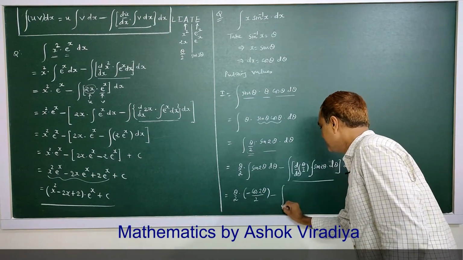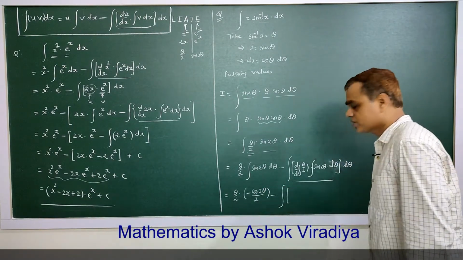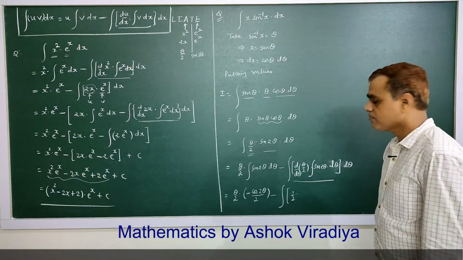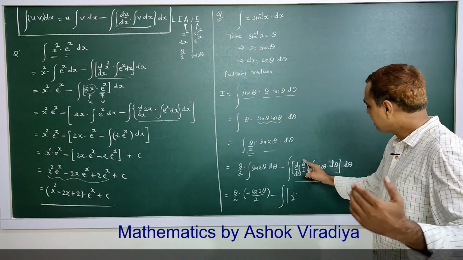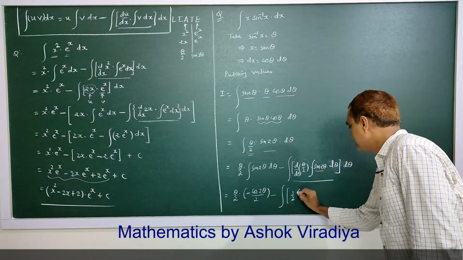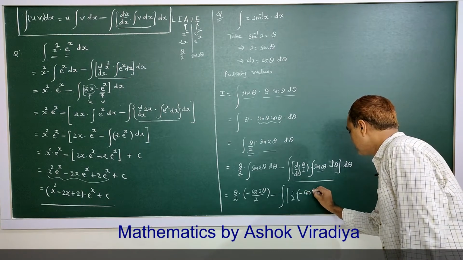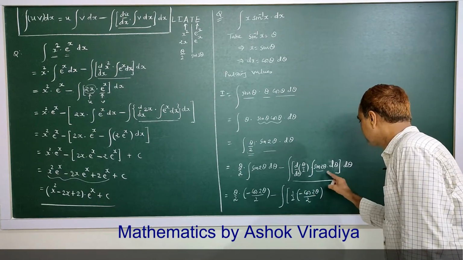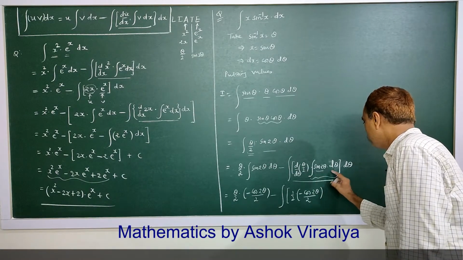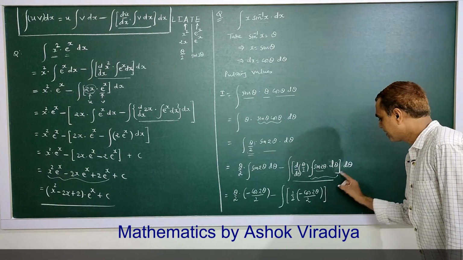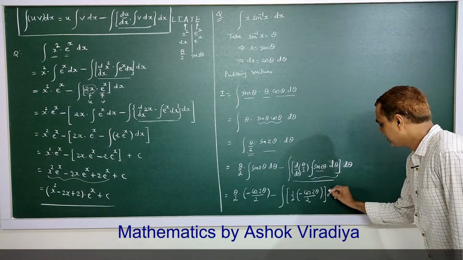Minus integral in the box: this is 1 by 2, derivative of theta by 2 is 1 by 2, and integral of sine 2 theta is minus cos 2 theta by 2, d theta. Close bracket.